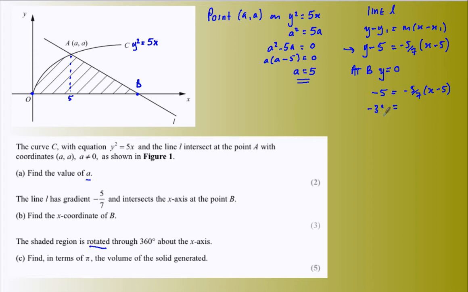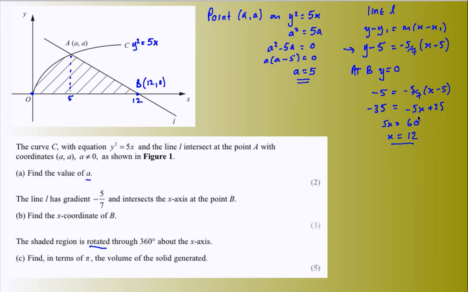Multiply both sides by 7 and multiply out the bracket. That gives me 12. So that's (12, 0).